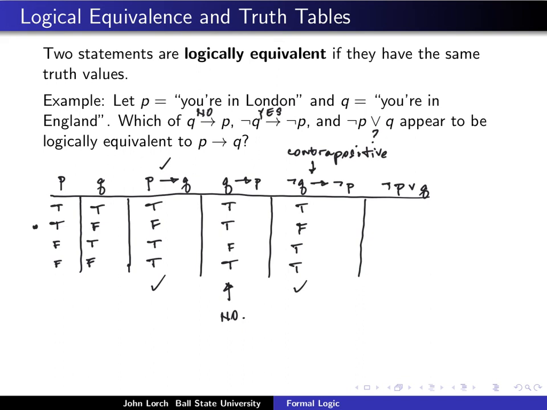All right, so remember, this is an or statement, and an or statement will be true when at least one of the component statements is true. So here, in the first line, I know that Q is true, and so not P or Q is forced to be true. Now in the second line, Q is false, not P is also false, so both component statements are false, and that forces the or statement to be false. Now in the third row, Q is true, so the or statement is automatically true.